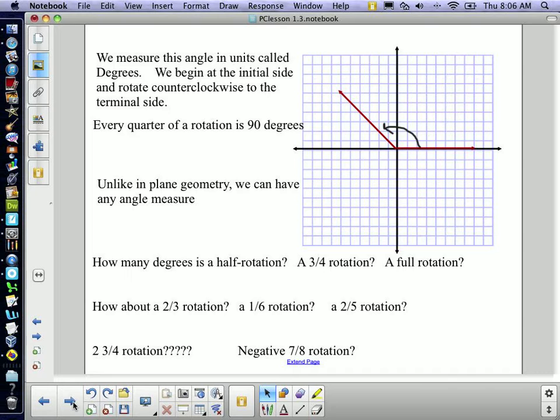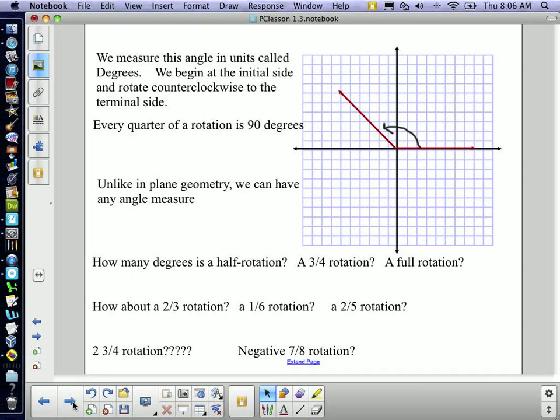We measure the angle in units called degrees. You're used to that. We are going to get a different measurement system very soon called radians. But for today, we'll work with degrees because you're used to that. But realize there are many different ways of measuring angles. Some people get really confused by that, but just think of length or volume or any other thing we measure.